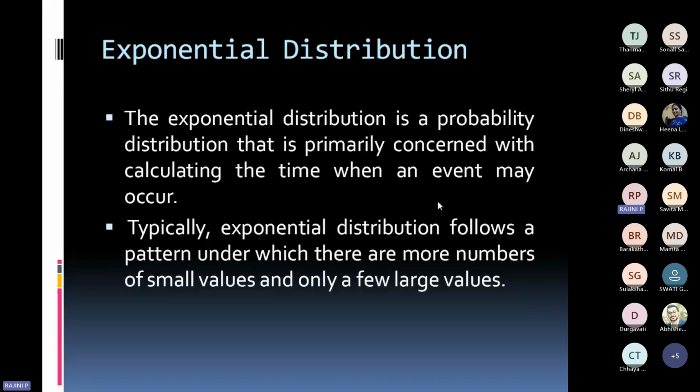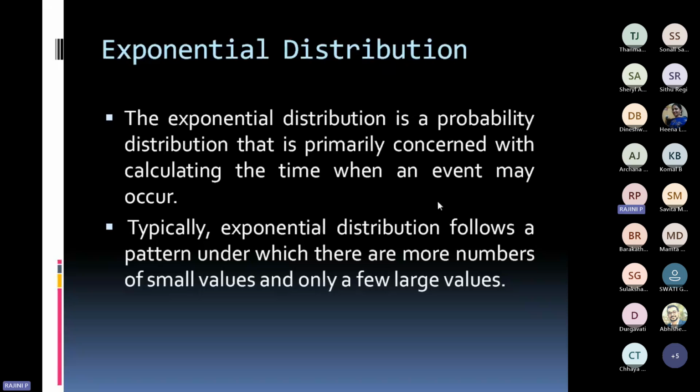So exponential distribution means what? It is quite opposite to the Poisson. Here you are not fixing a time, you are fixing a number of events. You are fixing one event, and how much time you are taking to get that event.